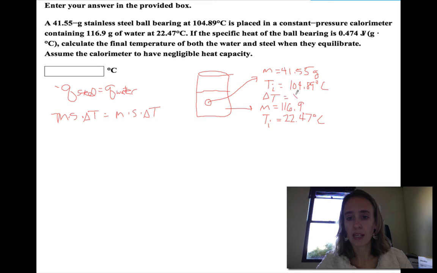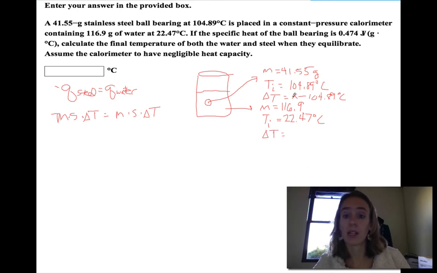So we're going to call that final temperature X, and the change in temperature is simply the final temperature minus the initial temperature. The final temperature is going to have to be somewhere in between the temperature of the steel ball and the temperature of the water. So the delta T for the steel ball will be negative, and this one will end up being a positive number.